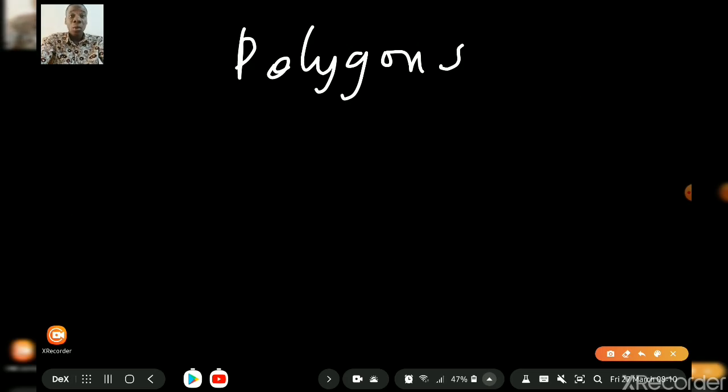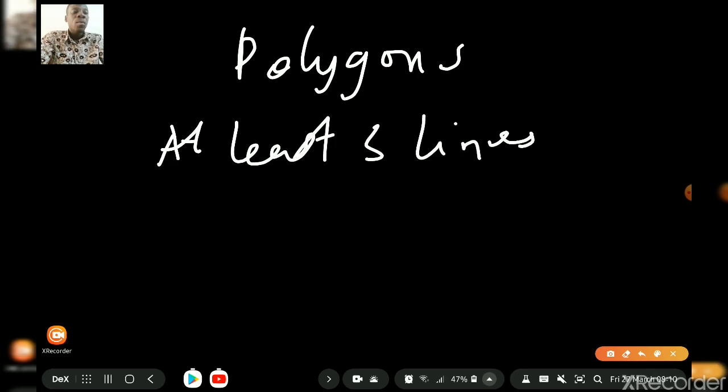For a figure to be closed, you need at least 3 lines. So a polygon is any closed plane figure bounded by 3 or more straight lines.